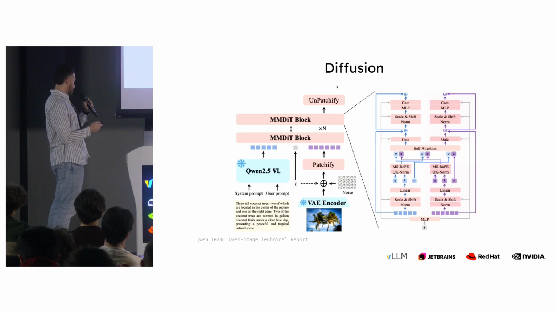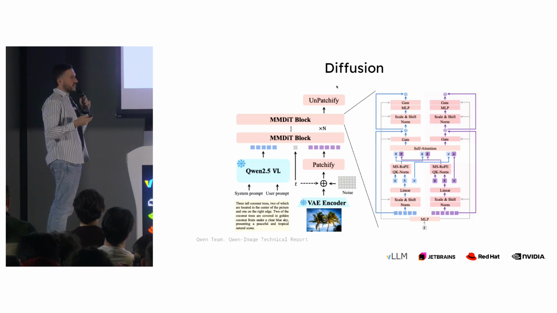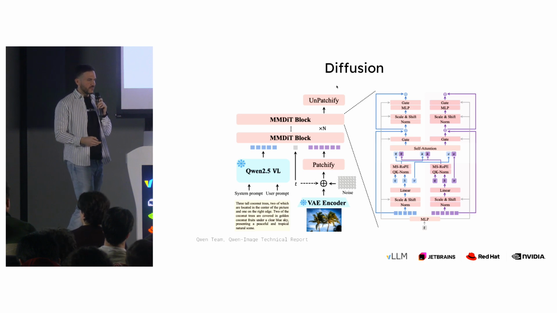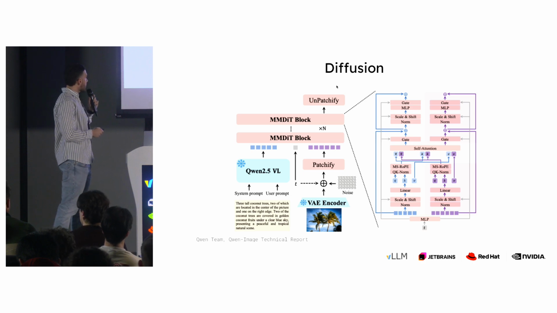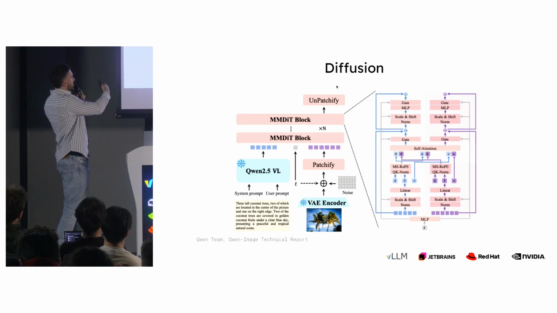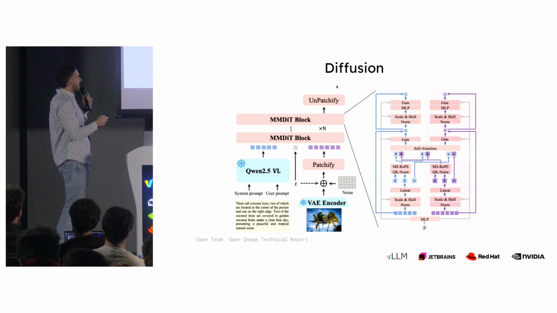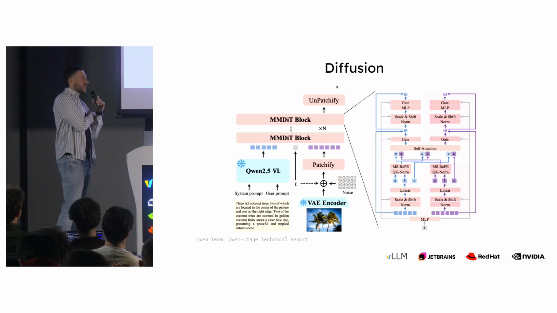This is exactly what I was referring to with Qwen-Image. It's basically the same picture, but as of today. There's a text prompt that gets embedded using Qwen 2.5 VL, and then there's a VAE encoder which is followed by a patchify.